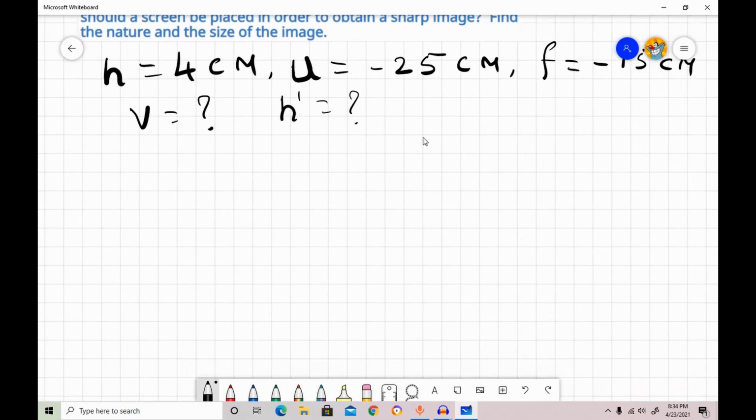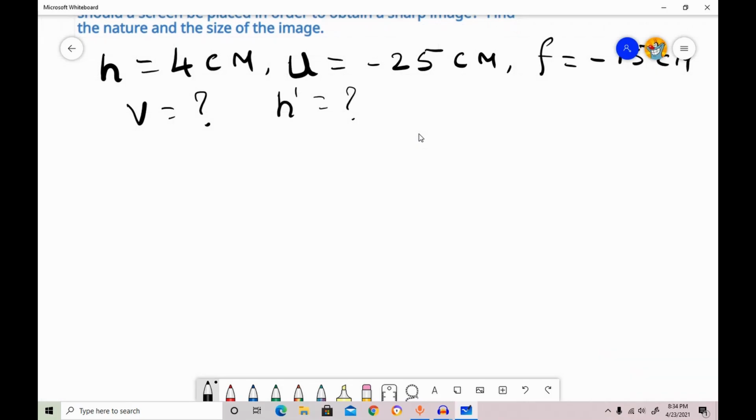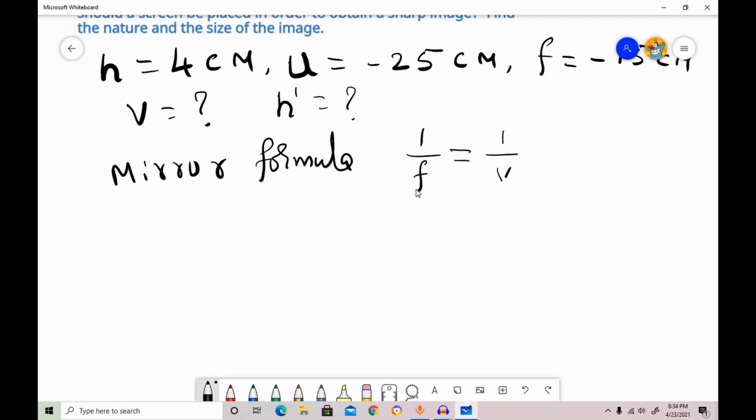So just recall the mirror formula: 1 by f equals 1 by v plus 1 by u.